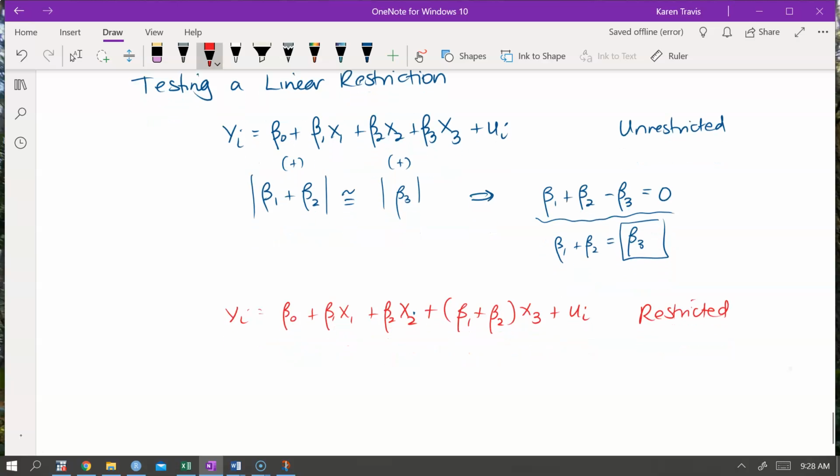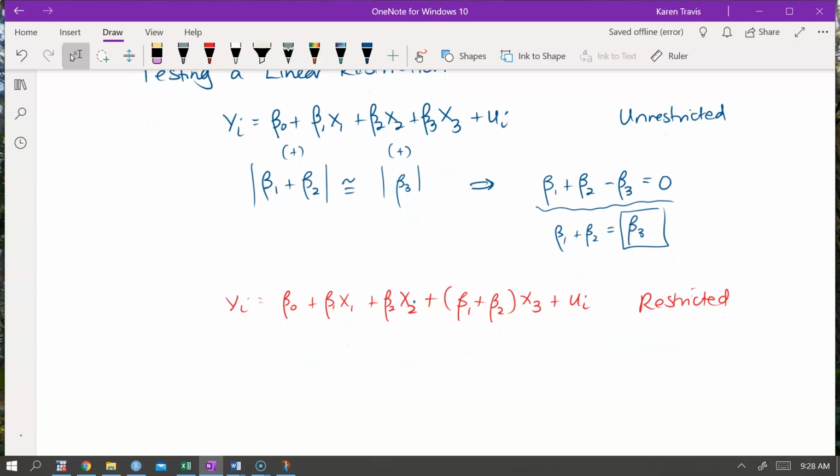But how would I estimate that if I'm estimating separately? I would just rearrange things and see that beta 1 is multiplied by x1 plus x3, beta 2 is multiplied by x2 plus x3, and then I have an error term.